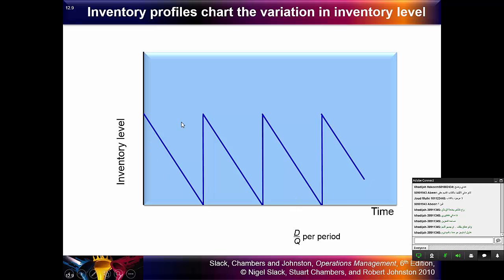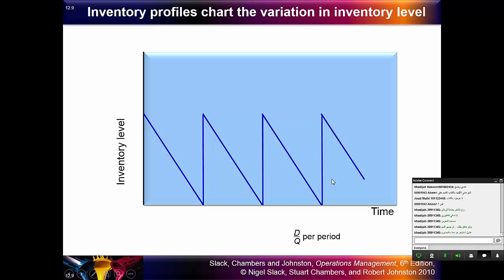So how many times do we need to refill it? We said that there is what we call the number of orders, and we can find it by dividing the demand, which is the customer demand.